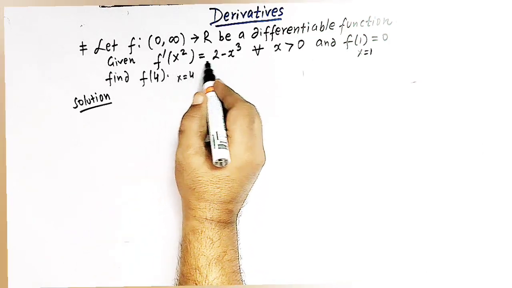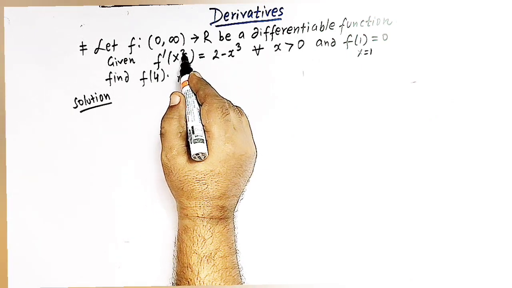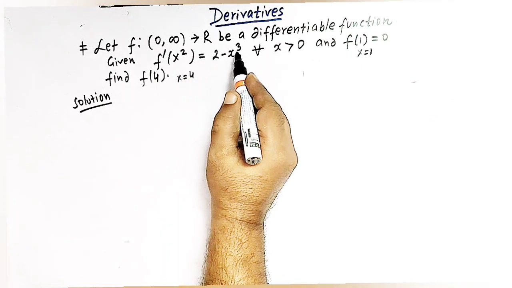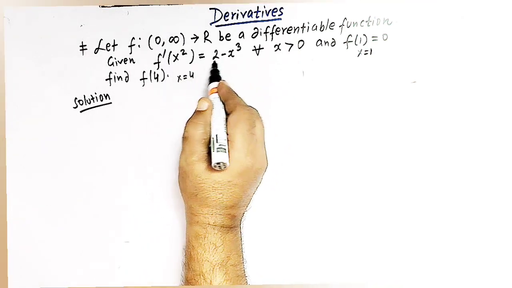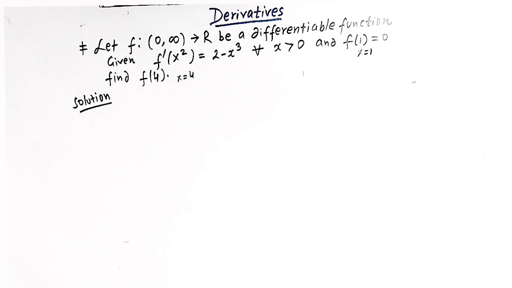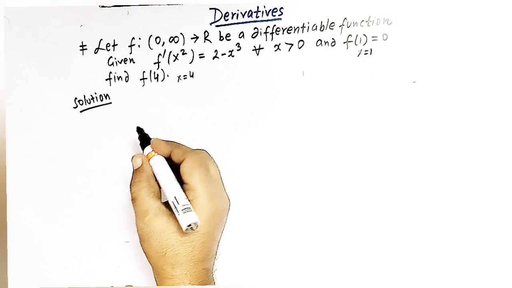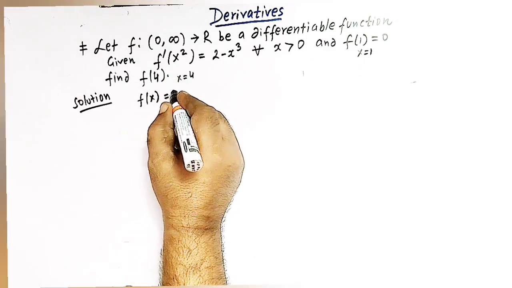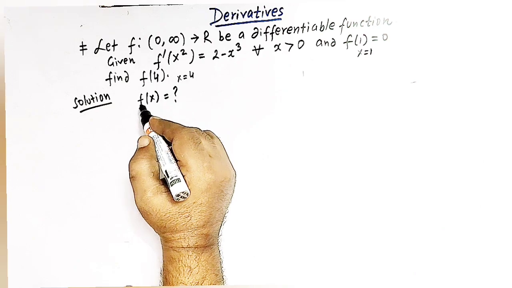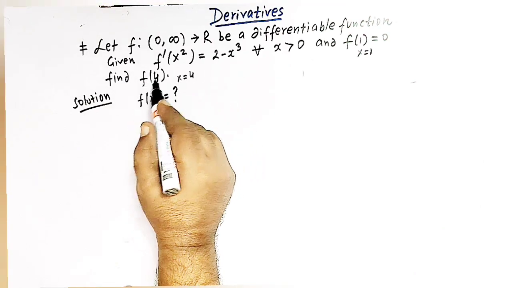So we are given that the derivative, that is f prime of x square, is equal to 2 minus x cube. So we'll start with this expression, right? Our aim is to first find out the form of the function f of x, and then we can easily determine the value of f of 4.